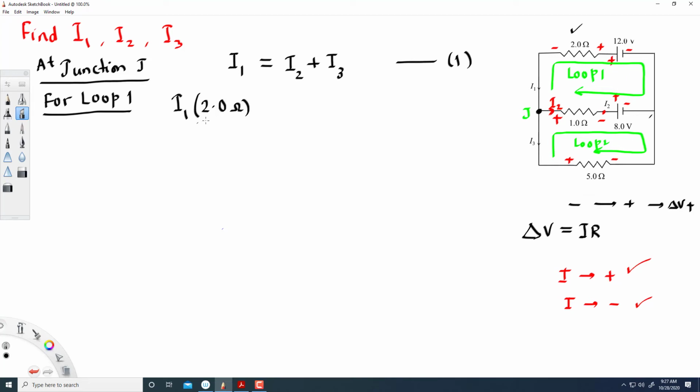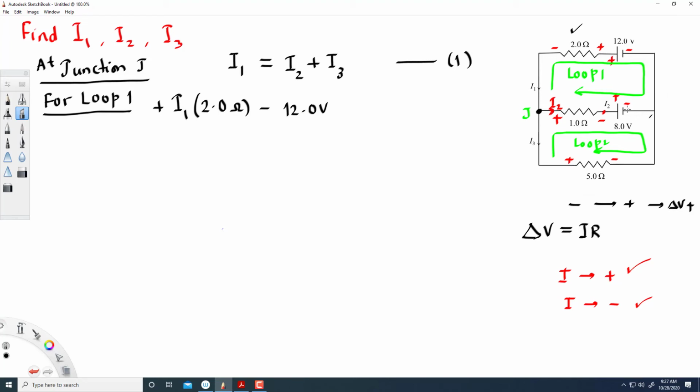That's delta V across that resistor, and it is positive because we've come from negative to positive. The next component is this battery. Again, going clockwise, we are going from positive to negative, so we get negative for the battery, 12 volts. From higher to lower potential is negative.